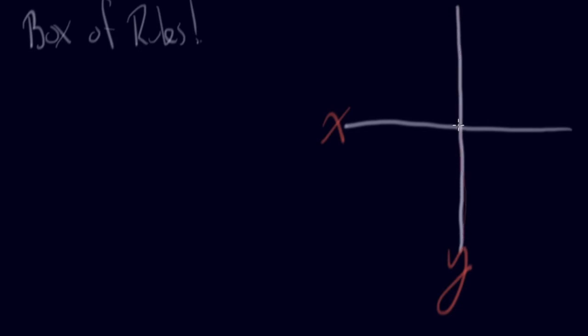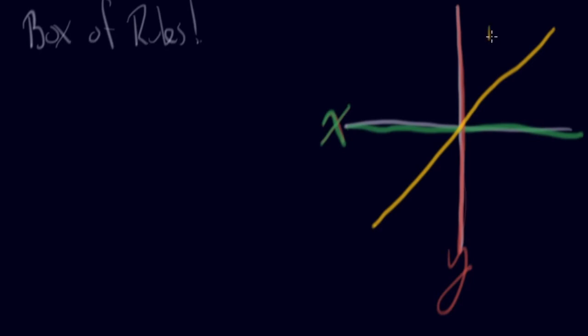And then you have the x-axis. Maybe I'll use different colors too. So we have green for the x-axis and red for the y-axis. Those are two lines that are commonly used. We can also maybe use some yellow. We also have lines like y equals x.